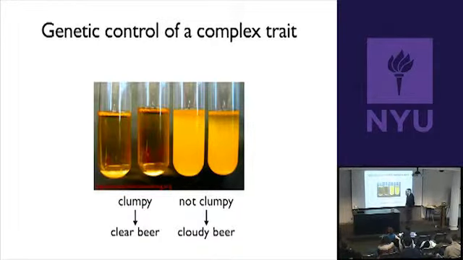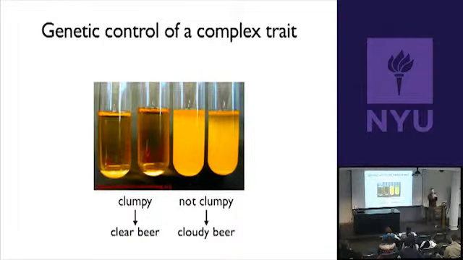And you can see that there's the same number of yeast cells here and here, except in these test tubes, the yeast is on the bottom. That's the yeast right there. And the reason it's on the bottom is because the yeast strain that's used to make the clear beer contains cells that like to stick to each other.